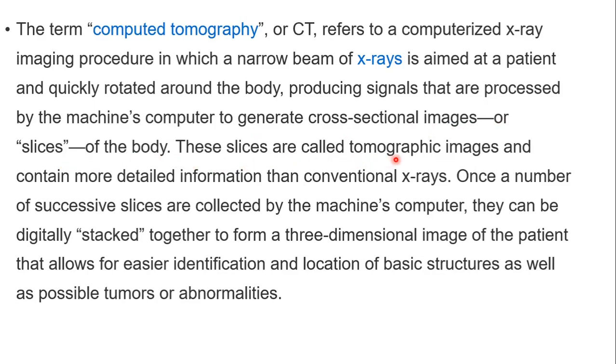These slices are called tomographic images and contain more detailed information than conventional X-rays. Once a number of successive slices are collected by the machine's computer, they can be digitally stacked together to form a three-dimensional image of the patient that allows for easier identification and location of basic structures as well as possible tumors or abnormalities.